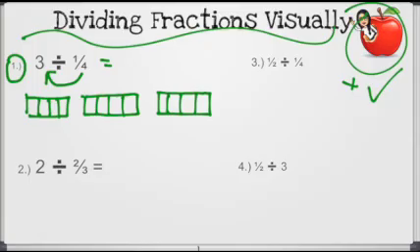So every whole was cut into fourths. That means I have 4, 8, and 12. 3 divided by 1/4 is 12. When I divide a whole number by a fraction, my quotient is bigger. But my pieces are definitely smaller.